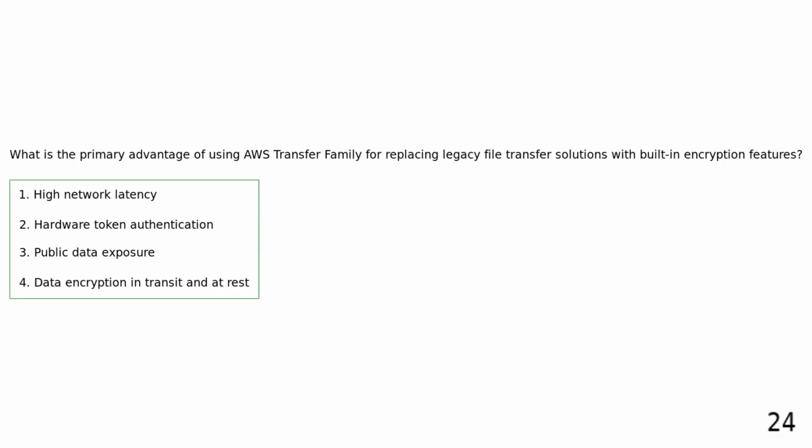What is the primary advantage of using AWS Transfer Family for replacing legacy file transfer solutions with built-in encryption features? High network latency. Hardware token authentication. Public data exposure. Data encryption in transit and at rest.